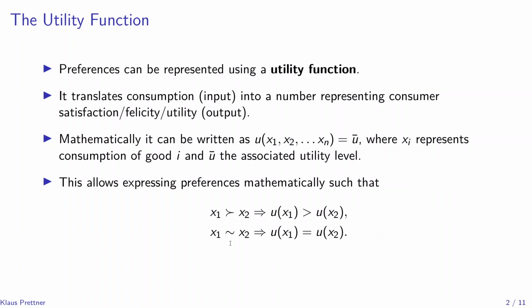And if the consumer is indifferent between the two bundles, then this would imply that the output of the utility function of consumption bundle 1 is the same as the output of the utility function of consumption bundle 2. So this would allow for a mathematical representation of the preference relations that we've discussed previously.